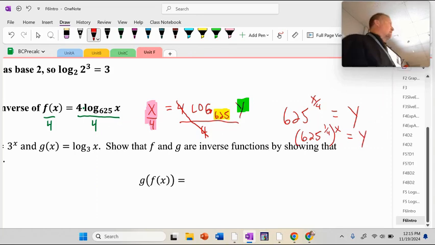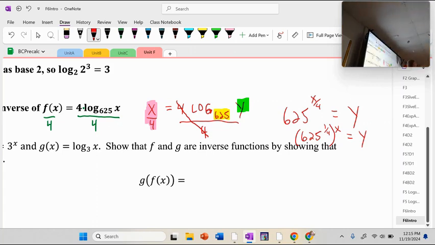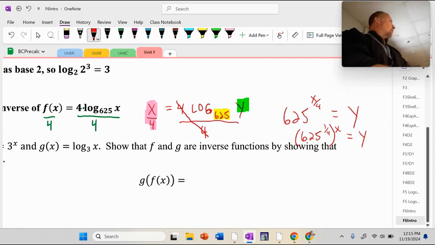What am I supposed to do with those exponents? Multiply them, and you know how to multiply fractions, I hope, with the x over 4. What's 625 raised to the 1/4 now, everyone?